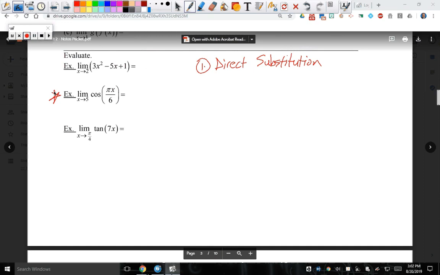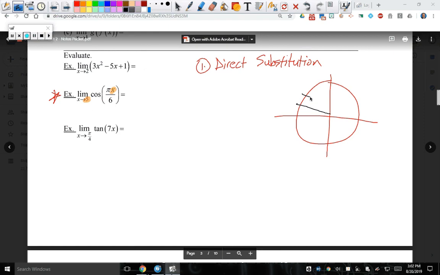If I directly substituted this right here, what I'm really looking at is what is the cosine of 5 pi over 6? You with me? So the cosine of 5 pi over 6, I'm not going to draw the graph, but I will draw you the unit circle that I hope you have memorized.